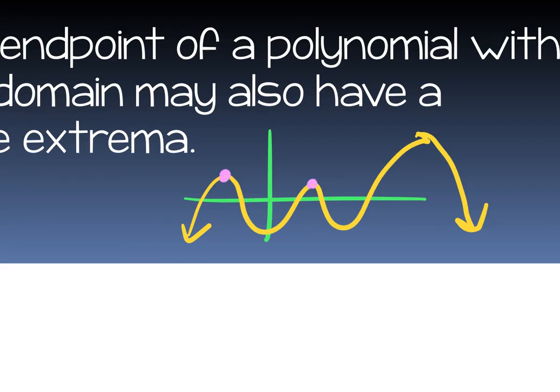So this is a local max, this is a local max, this is a local max. And every time it dips from decreasing to increasing, there's a local min, local min. So there are 5 total extrema here: 3 local max, 2 local min.